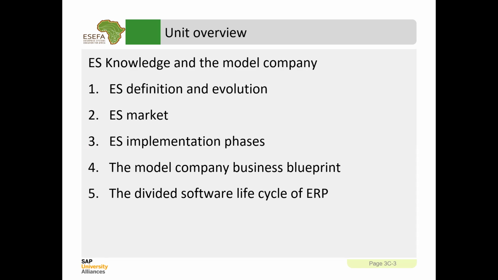Then we'll dwell a bit on the implementation phase. How do I adopt an enterprise system into my business? Then we'll see the model company blueprint. What kind of operations are allowed on an enterprise system? We will see the division of the software of enterprise resource planning.